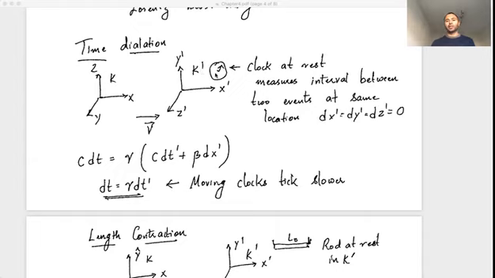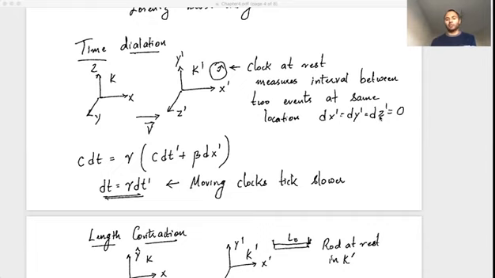So you get rid of that complication of space and time being coupled. So you just say that this clock is at rest. I'm measuring the time at the same location. The clock is just sitting there ticking, so you don't have that weird problem of coupling between space and time. So between two ticks of the clock, it doesn't move, right? So dx prime, dy prime, dz prime is 0, and it measures some interval dt prime, right?